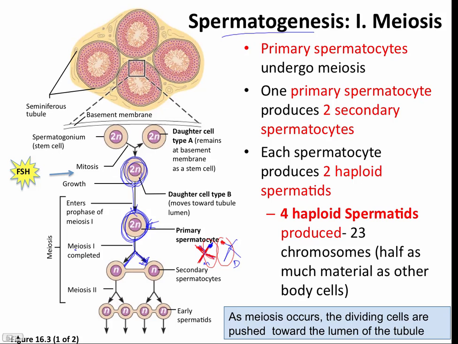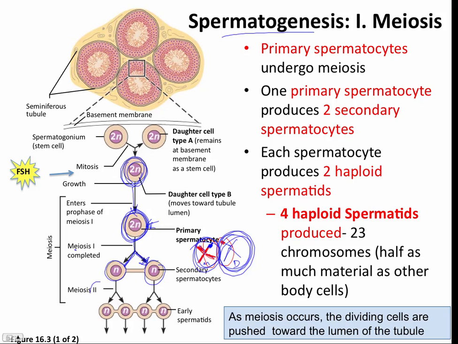Now, at the end of meiosis 1, what are we going to result in? We're going to result in secondary spermatocytes. So this is going to be one secondary spermatocyte, and this is going to be another secondary spermatocyte. Okay, each of these is now haploid because it only has one copy from mom and one copy from dad.